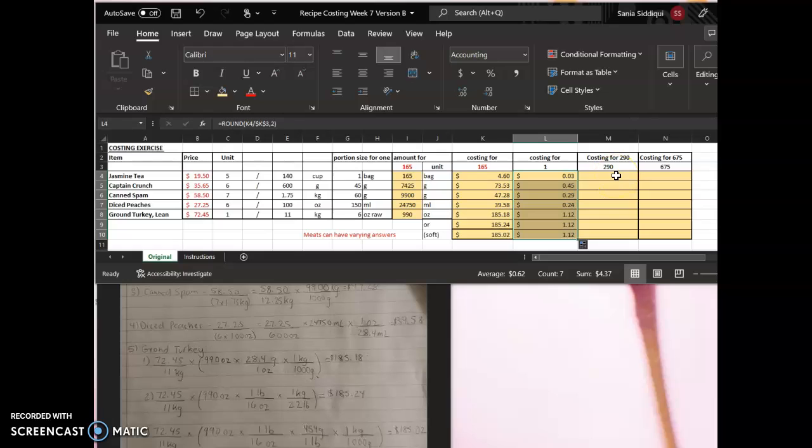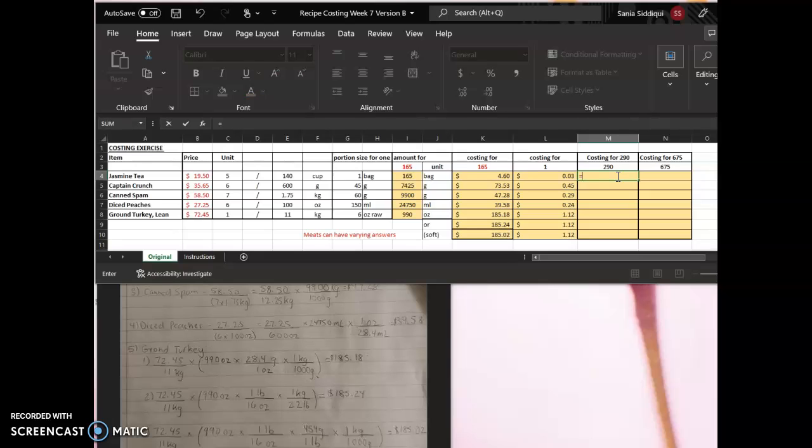Next, we are going to cost for 290. So same as before, we're going to press equal sign, take our 0.03 and multiply that by 290. Because we knew how much we have for 1, the rest is pretty simple because we just multiply it by whatever we're costing for. So in this case, for column M, we're costing for 290.